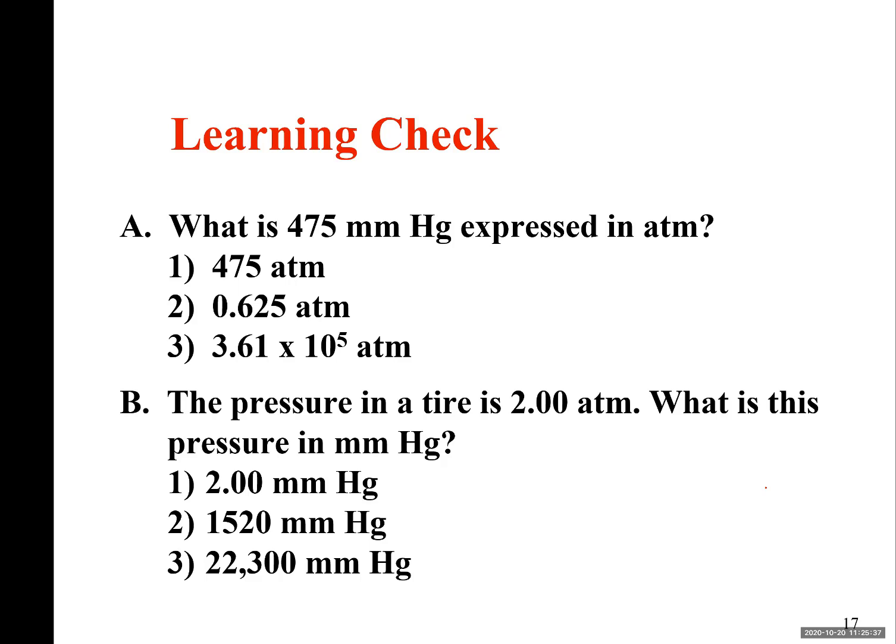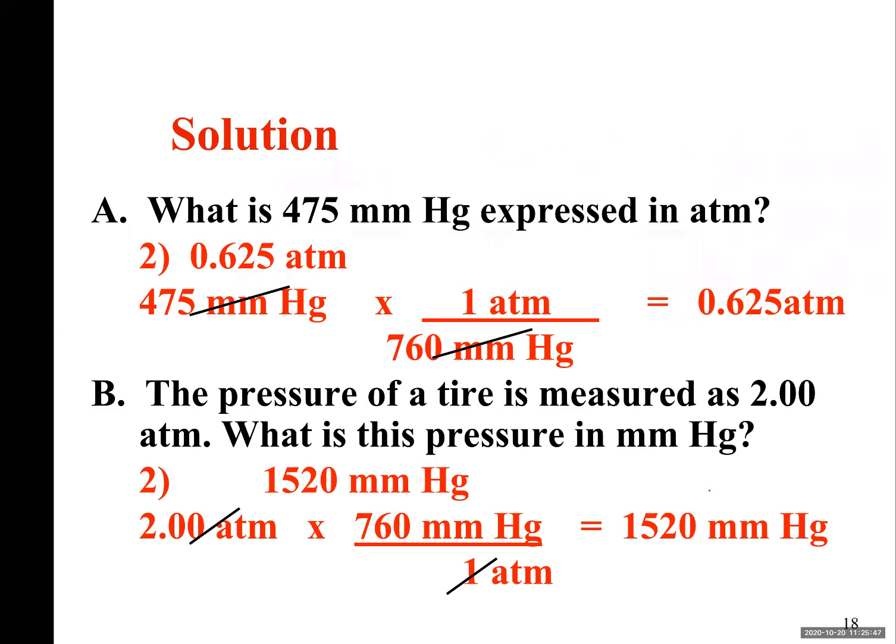So the first part, guys, is conversion of 475 millimeters of mercury into atmospheres. So, given millimeters of mercury, I want to cancel that to atmospheres. So I write what I'm canceling on the bottom, millimeters of mercury on the bottom. What I'm converting into, the problem is asking atmospheres, write that on the top, and then relate top to bottom.